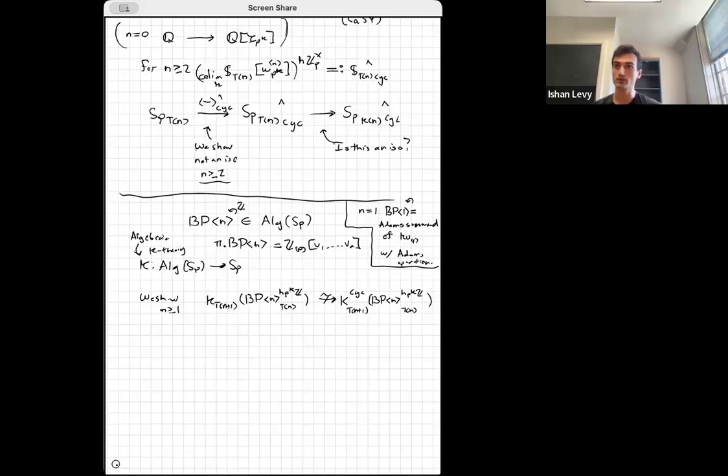That shows that these two categories aren't the same, because this is an object that's in this category, but it changes after you localize it into this category.